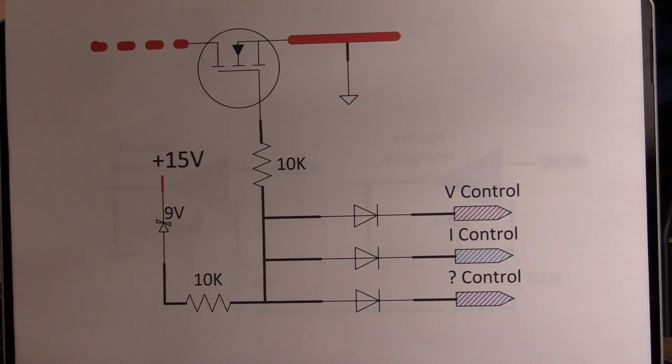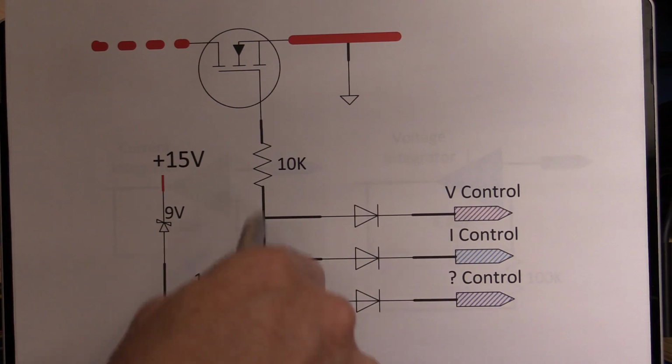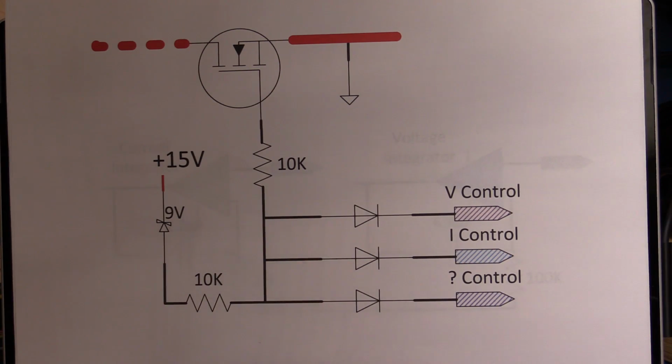And one of the other benefits of this, of course, is I've got V control and I control here that I've put on there. They could be connected to some potentiometers. I could add another two V control and I control inputs to this and have those going to a digital to analog converter. So rather than having a complex switch, you can simply have analog dials on the front of your system, and if you set them to a voltage lower than what the computer's trying to get, then you just won't be able to drive that output beyond that.